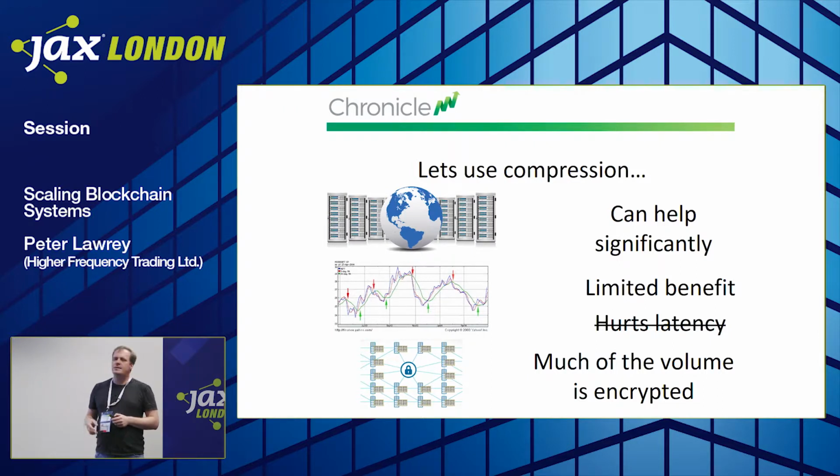In the trading space, there is some benefit in using compression, particularly for WAN links. If you're sending data across WANs, it's fairly common to use compression, but it has a small impact on latency. So unless you're sending data over a low bandwidth link, compression actually hurts you.